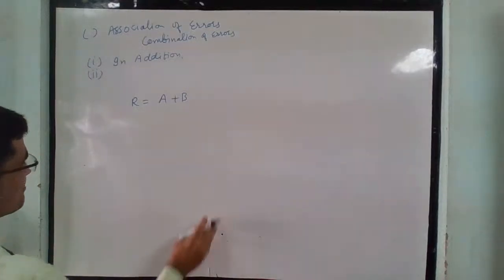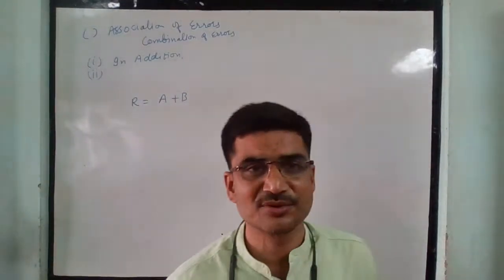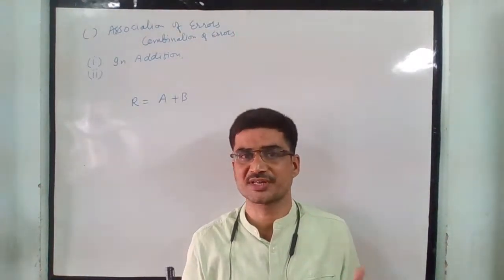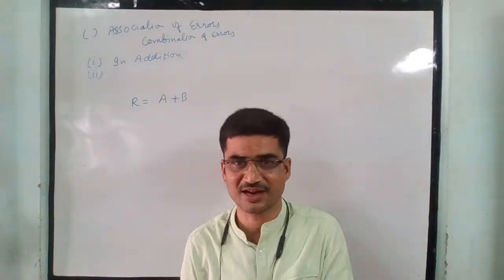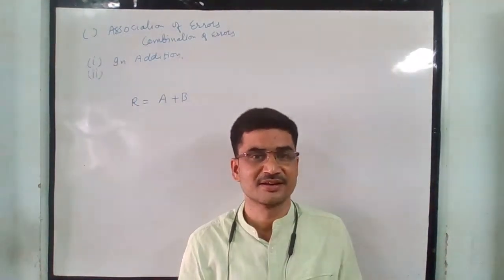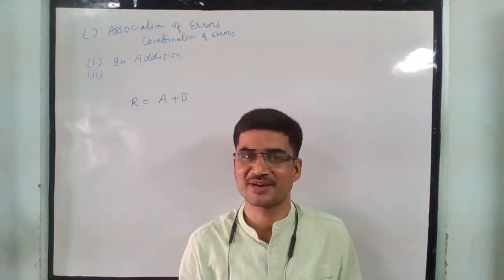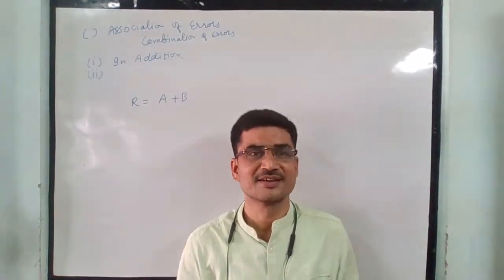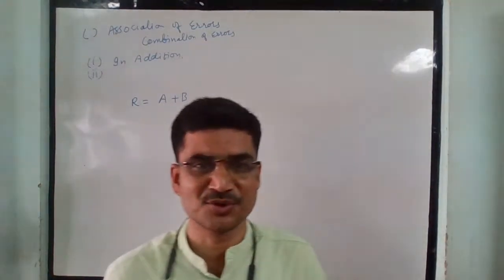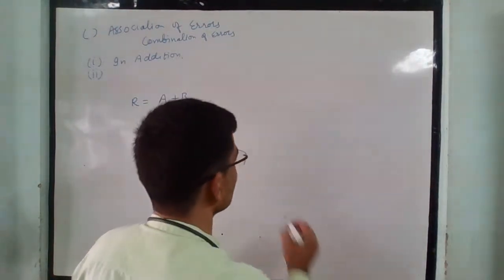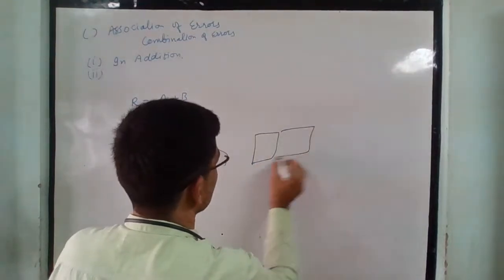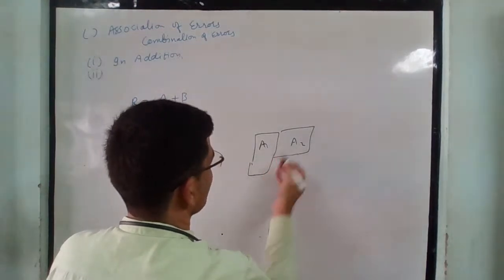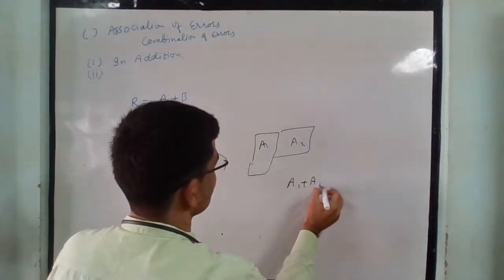So A and B are added, like you must remember from 10th class, that we studied: we have two resistors, suppose R1 and R2, and when they are connected in series, the net effect is R1 plus R2. Same thing, suppose two brothers each have a plot of land, one with area A1 and the other with area A2, and you have to find the total area, A1 plus A2.